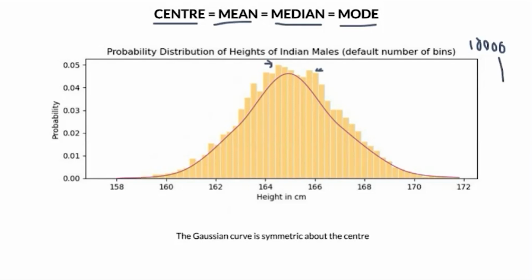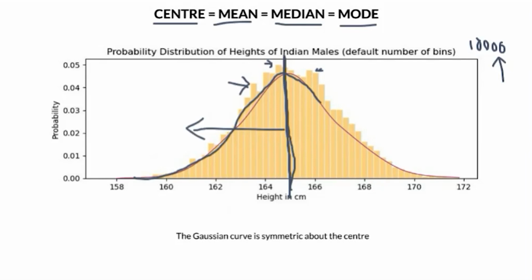But if you increase this to, let's say, 1 lakh data points, then all these bars will start going inside this purple curve and it will fit almost perfectly. So the mean, median and mode all lie exactly in the center, which is 165, and quite obviously the curve is symmetric, left and right. The Gaussian curve is symmetric.